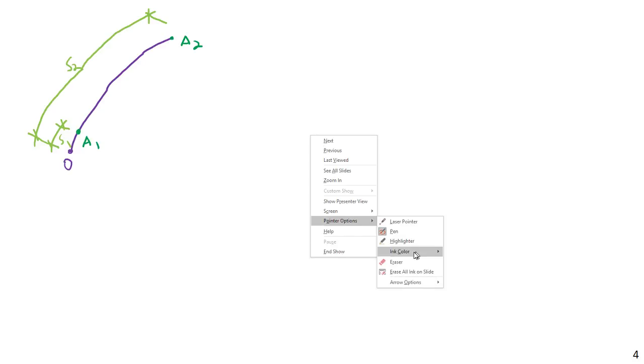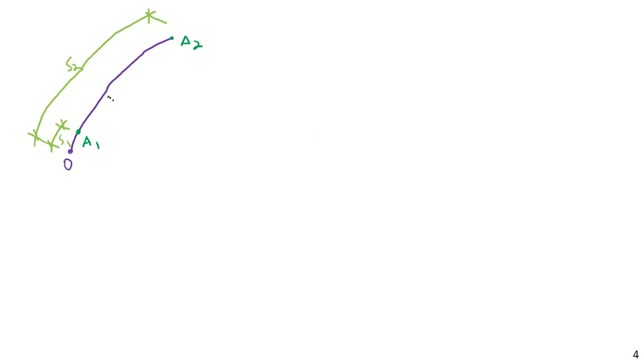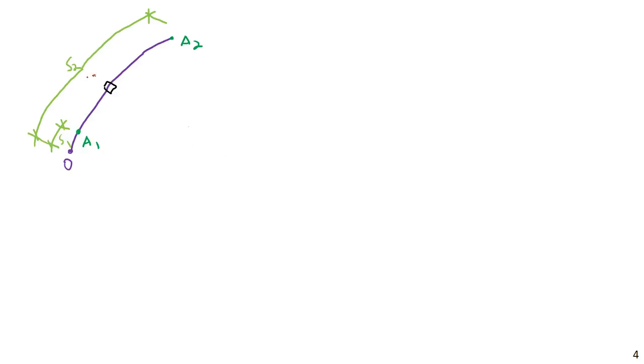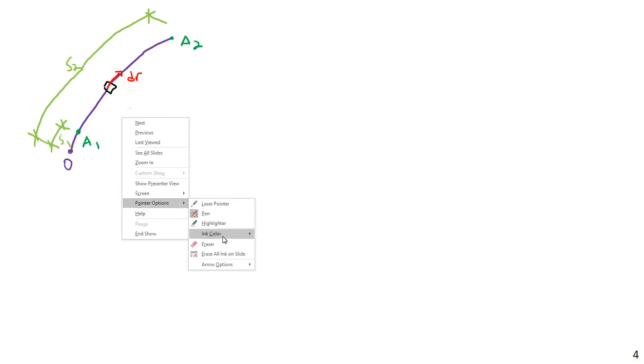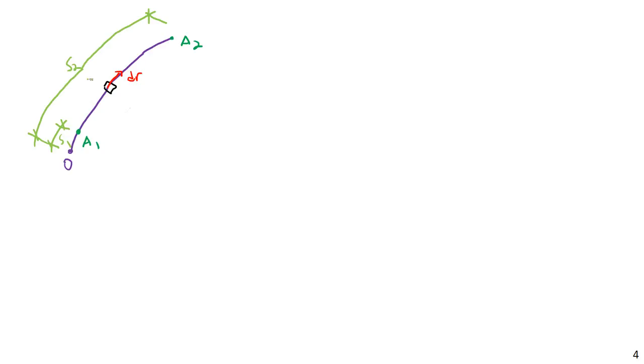If I were to draw out some paths of integration, at some point we're going to be looking at an integration between A1 and A2, and I would have a little element A here. And here I would have a dr, which would be my little displacement vector, dr, and ds would be the little arc length integration, my little element of arc length integration, ds.